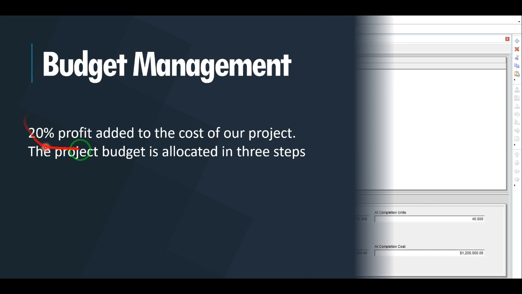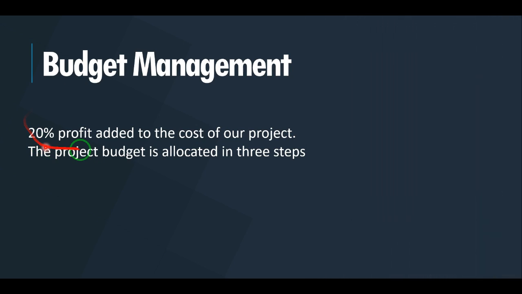As the last point of financial management, we want to point out some important hints in terms of budget management. In addition to the overall cost of your project, which the Primavera software calculated for you based on the different costs you entered for activities, for overhead and other costs, by having that number you can add whatever percentage of profit in order to calculate the revenue that you have.